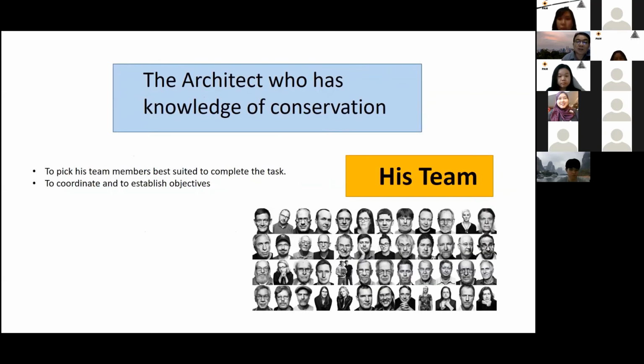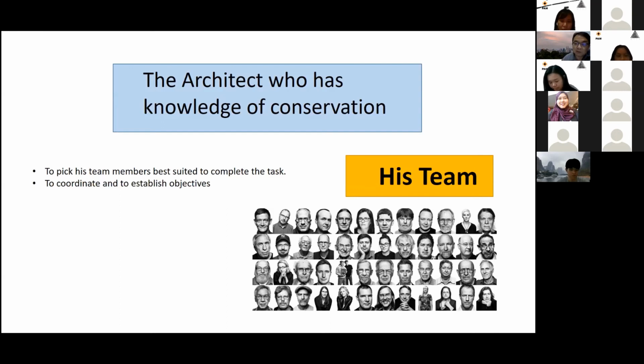An architect who has knowledge of conservation, now this is particularly for the architect. Team, can you imagine the whole lot of people, to pick team members best suited to complete the task, to coordinate and establish objectives. If you are the team leader, you need to pick out who your team players will be. You give a building, first thing you get the engineers for the structures, and then the M&E, so that you don't simply put in electricity, conduits and all that.